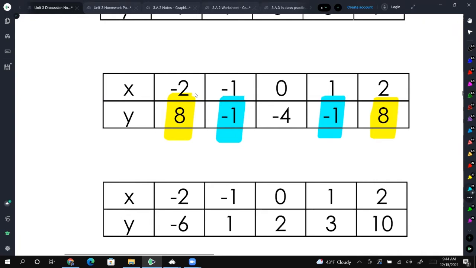So we can think further and say, well, if I know that the x and y values switch in an inverse, and I have repeated y's in my original function, then when I switch them for my inverse, those repeated y values will become repeated x values, making the inverse not a function.